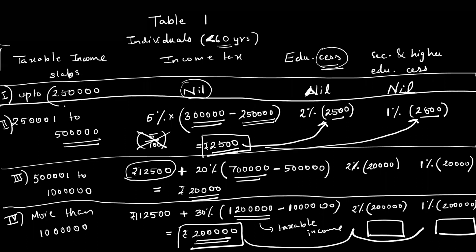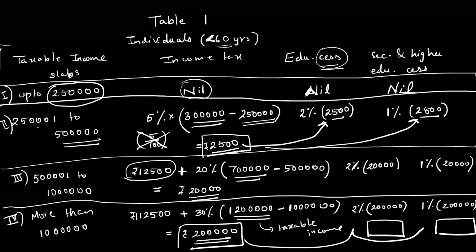For them this limit will increase. If a senior citizen is earning till 3 lakhs, he doesn't have to pay any tax. For all people less than 60 years, the limit for zero tax is 2,50,000. For senior citizens, from 60 to 80 years, that limit changes to 3 lakhs.